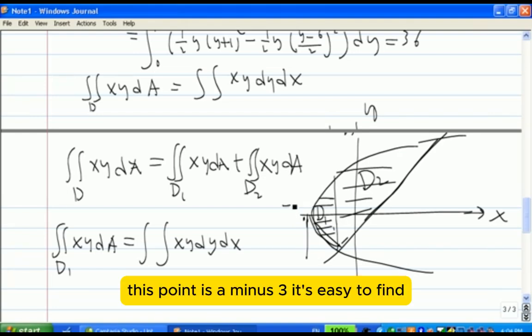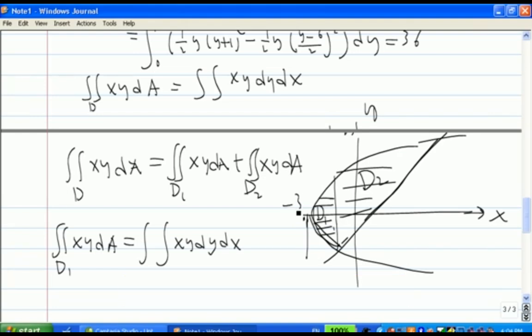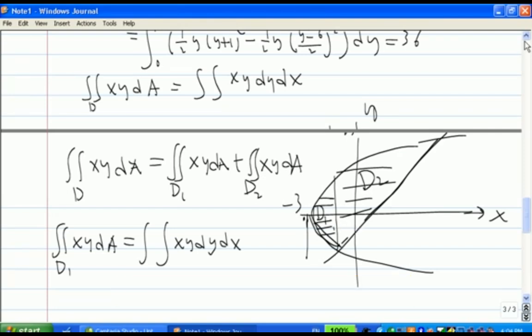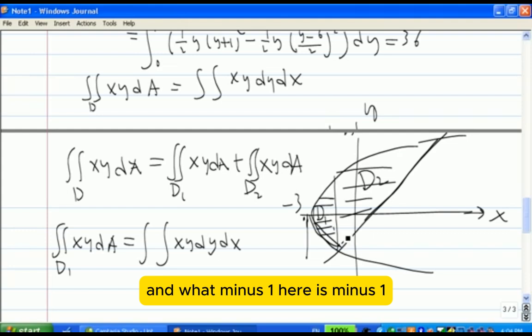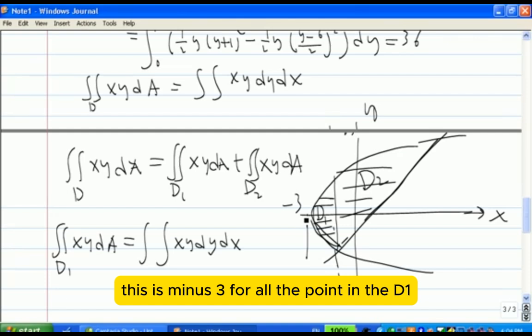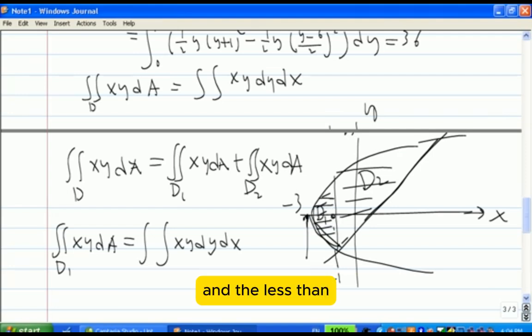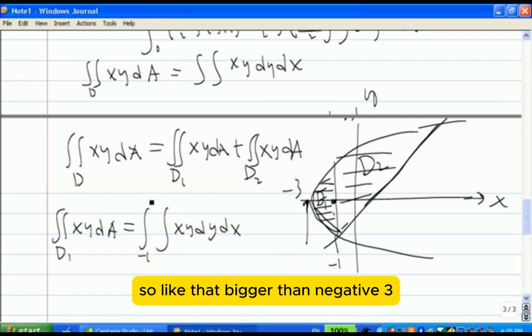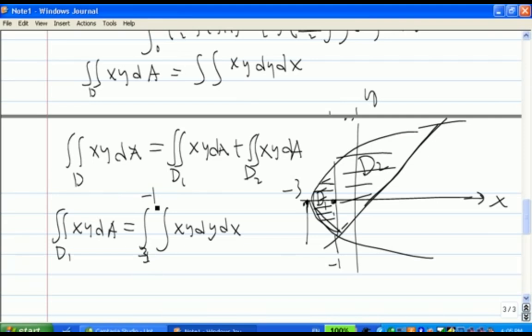This point is -3. Okay, it's easy to find. And remember, this point we find out is -1. For all the points in the D1, your x will be bigger than -3 and less than -1.